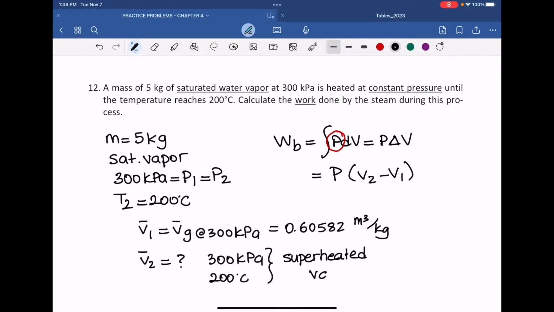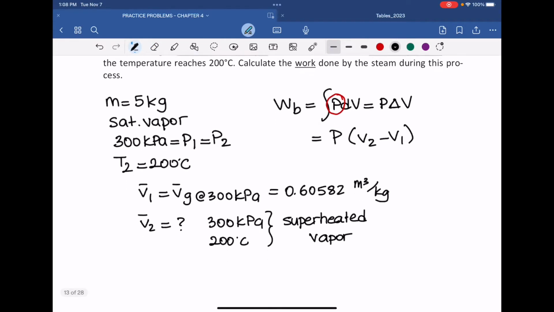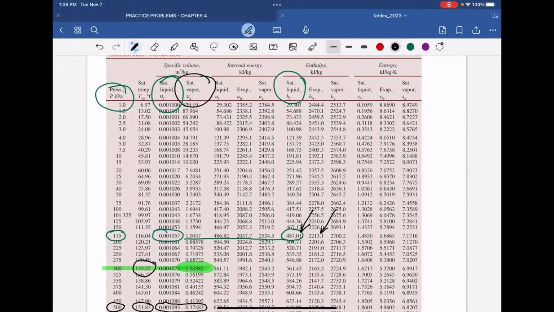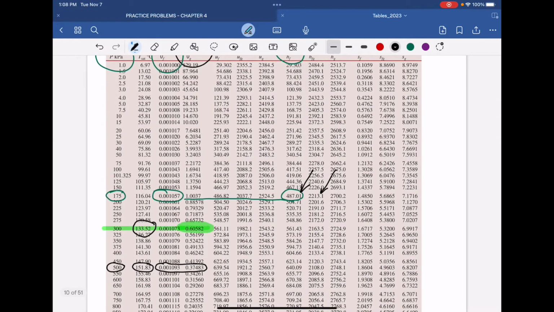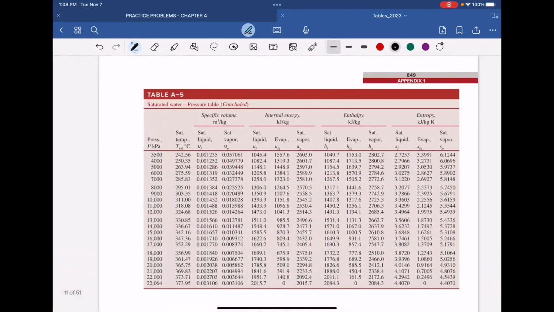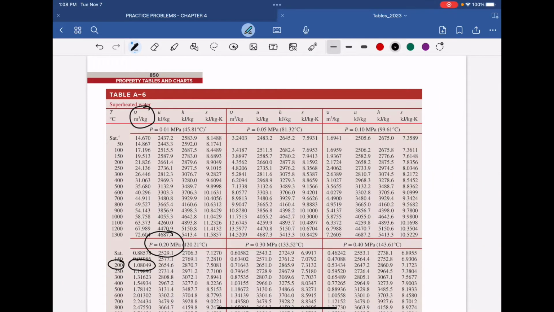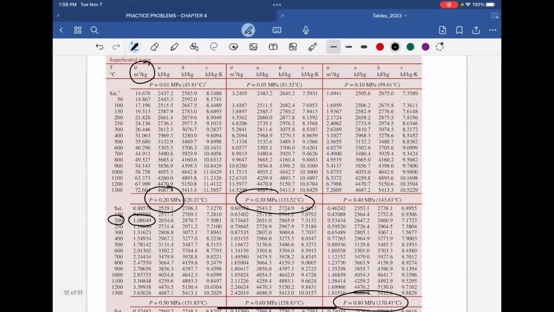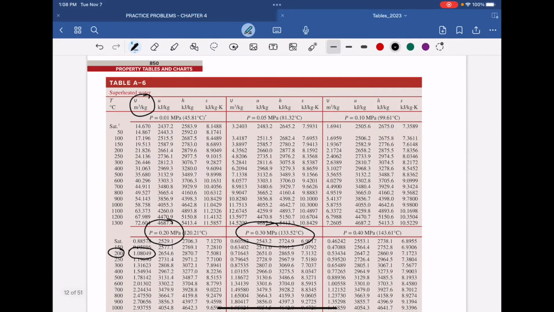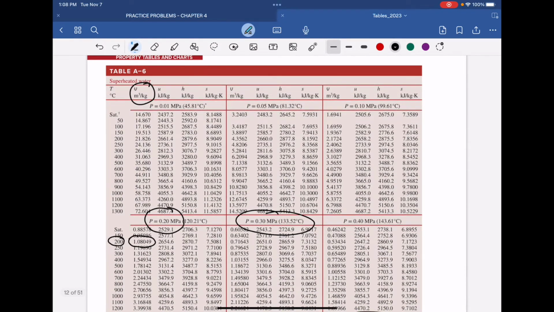So we need to look at superheated tables. At the pressure of 0.3 here, and we read at 200 degrees Celsius. This one, 0.71643.